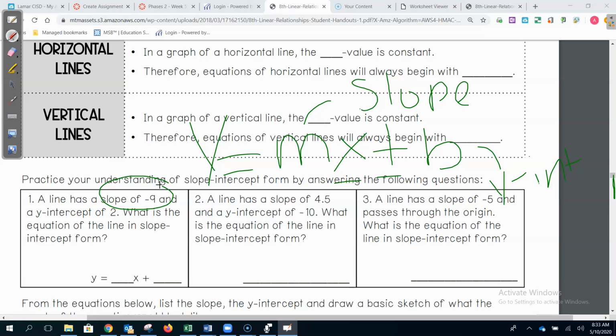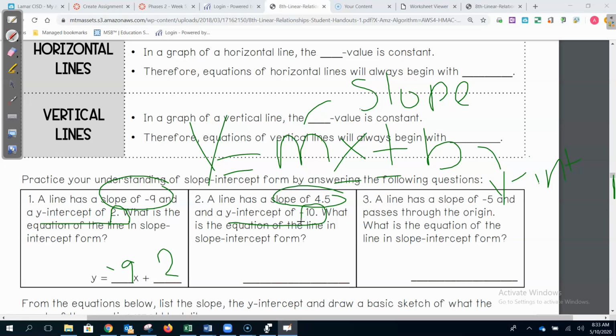So all we're going to do is write -9. And a y-intercept of 2. So our y-intercept is 2. So y equals -9x plus 2. Easy, right?